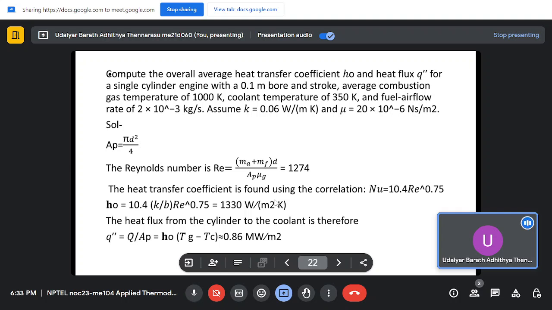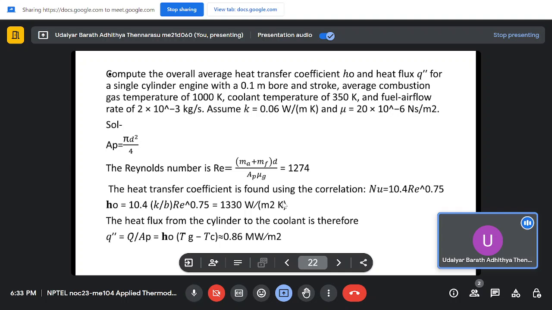So that coolant is at 350 Kelvin, and fuel airflow rate of 2 × 10^-3 kg per second. So this includes the fuel plus air mixture. So this combined mixture mass is 2 × 10^-3 kg per second, or 2 grams per second. That is what the fuel air mixture is entering. So mass flow rate is 2 grams per second.